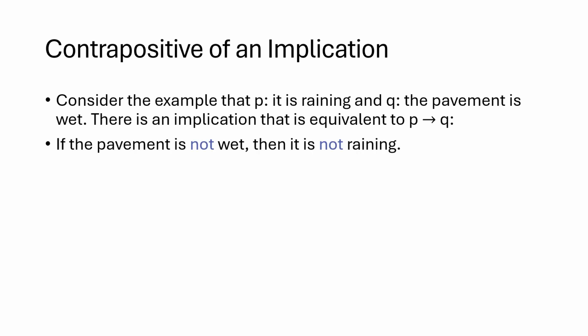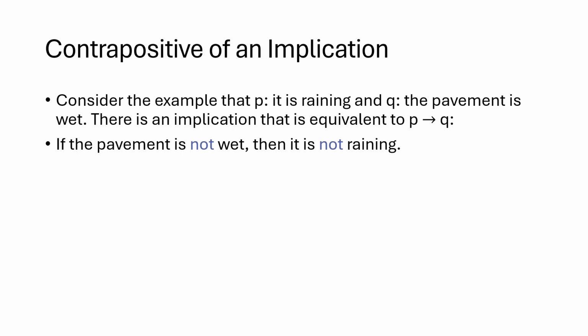So if you remember the pavement example, our original implication is, if it is raining, then the pavement is wet. Now, if you think about it, we can say the same conditional statement in a different way. We can say, if the pavement is not wet, then it is not raining, right?